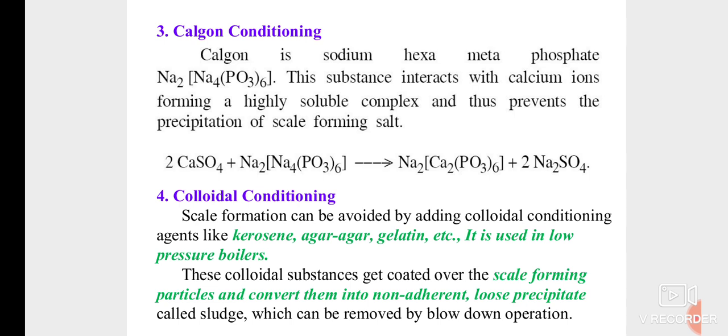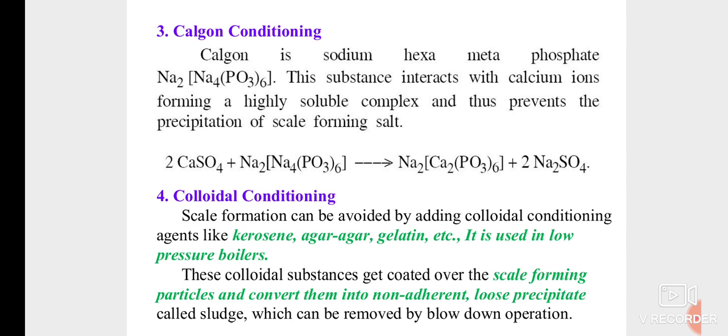By adding Calgon, sodium hexametaphosphate, 4 sodium ions are replaced by 2 calcium atoms to form Na2[Ca2(PO3)6], which is easily removed from the boiler, along with 2 Na2SO4 sulfate. So we convert the scale forming substance into a highly soluble complex, calcium hexametaphosphate. This is called Calgon conditioning. It is very, very important.